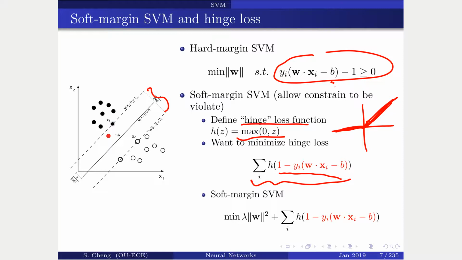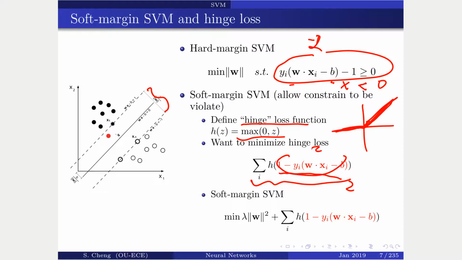If on the other hand it is violated, meaning this is somehow less than 0, let's say minus 2, then the loss function will be equal to 2, because this is just the opposite of this.